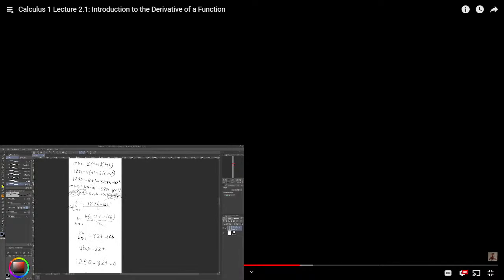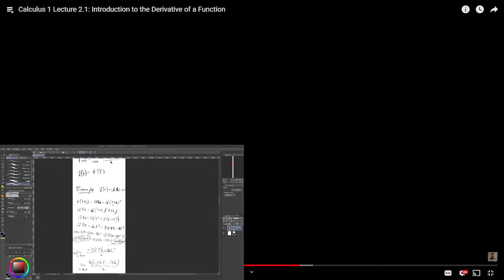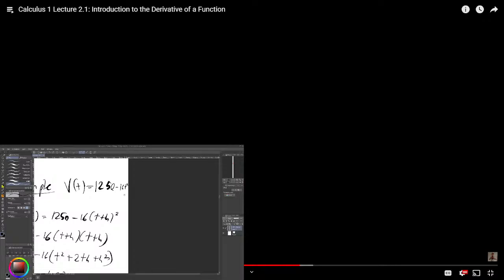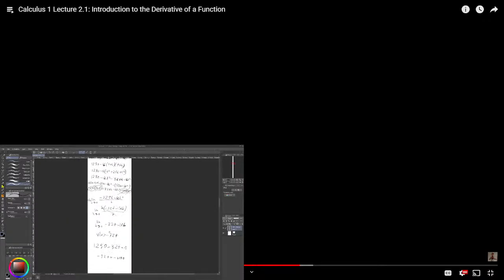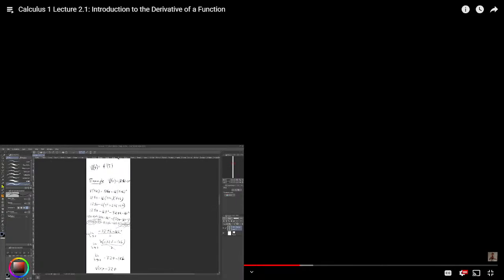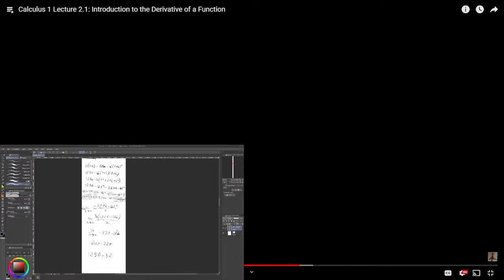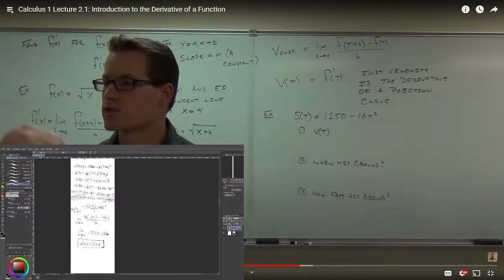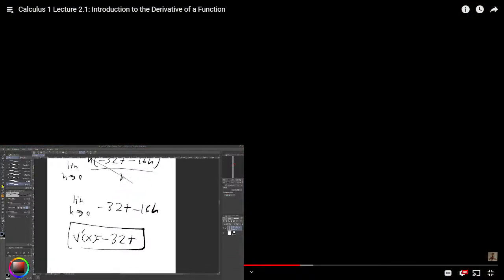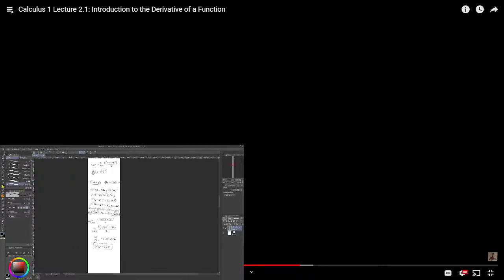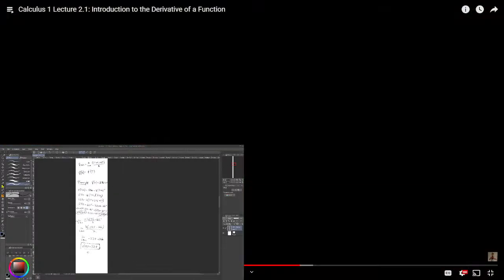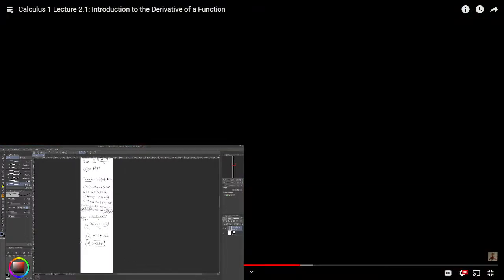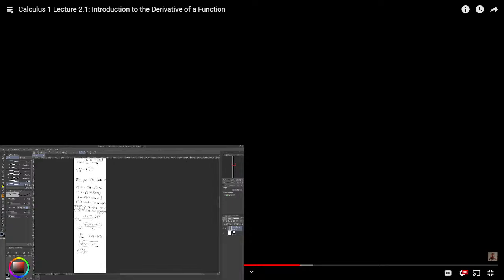Or would you set the original equal to 0? Well, hold on. That would be s of t, I guess. You just set the function equal to 0, wouldn't you?